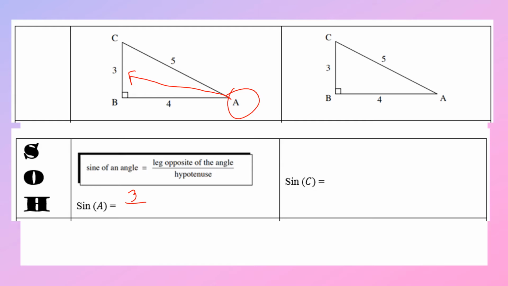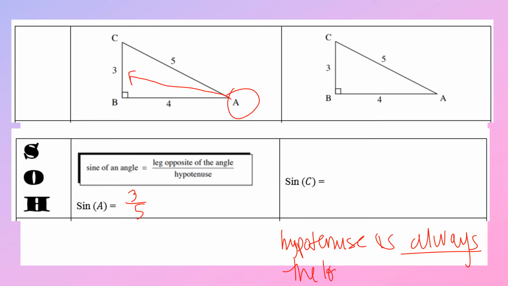I want you to write that down: the hypotenuse is always the longest side in right triangles. No matter what, the hypotenuse is the side that has the greatest number. So our sine of A is 3 over 5.